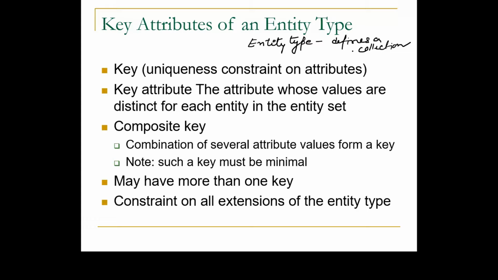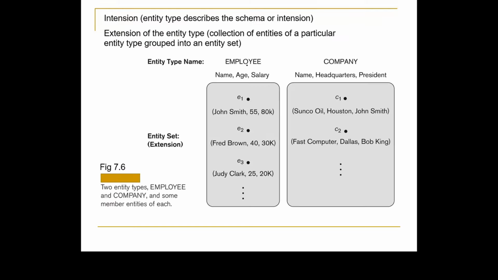So figure 7.6 is an example of entity types, employee and company. So here two entity types are there, employee and company. The collection of all entities for a particular entity type in the database at any point in time is called entity set.